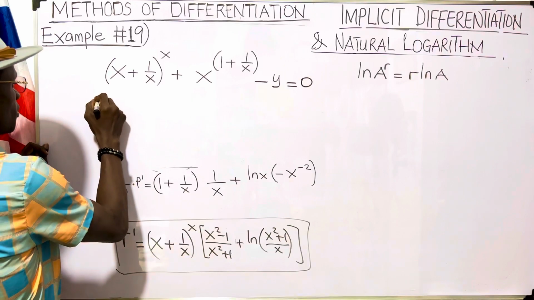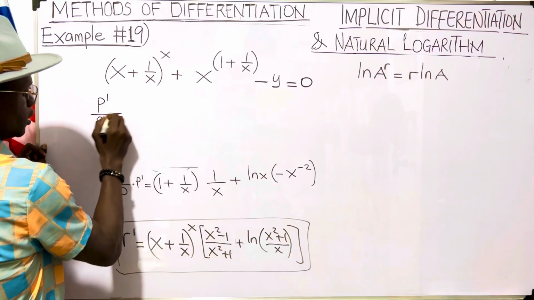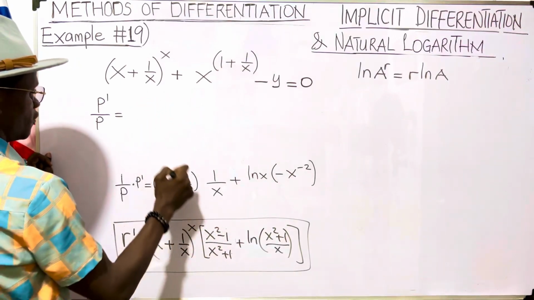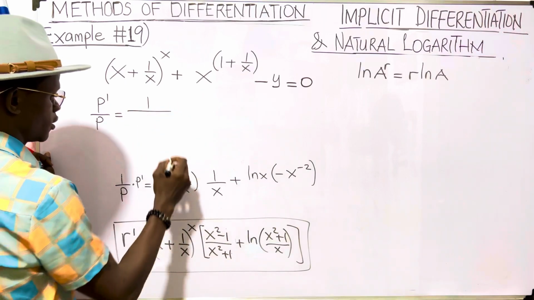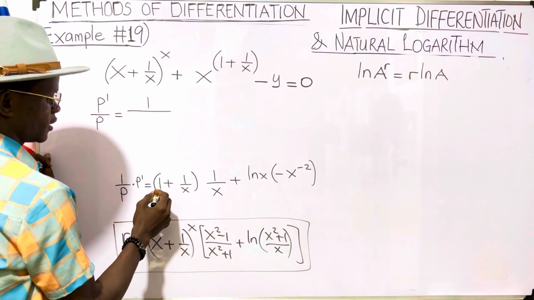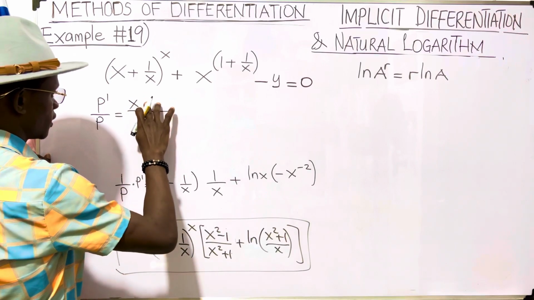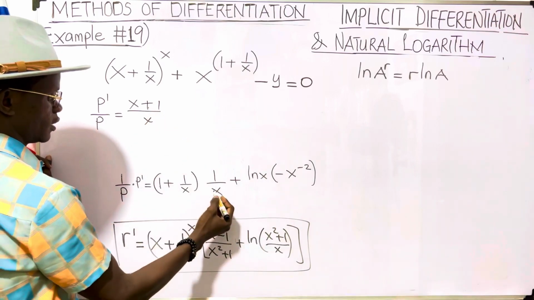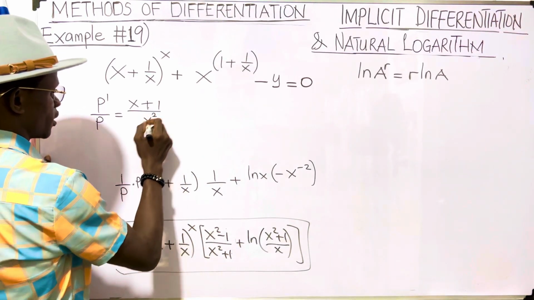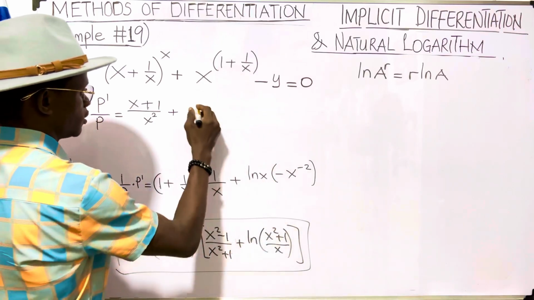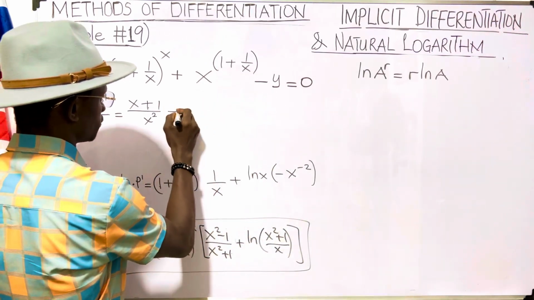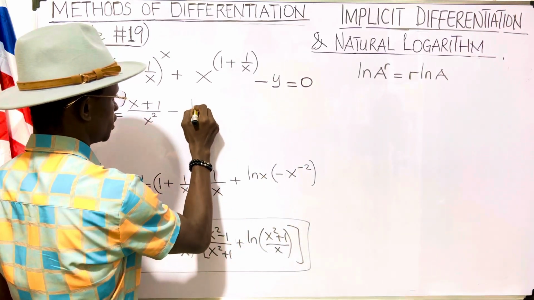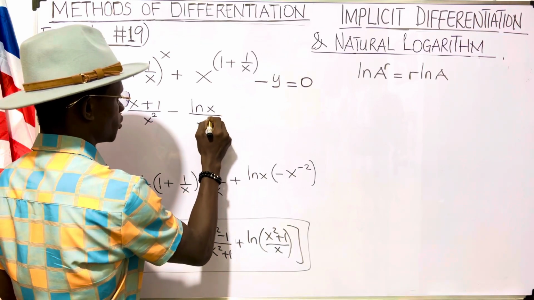So we have p prime over p is just equal to, now the first one you have 1 all over, let's say we have x times x is x squared, x times 1 is x, plus 1 all over x times this x will give us x squared plus, this is negative now, this x raised to the power minus 2, so it can just be x squared, positive x squared.